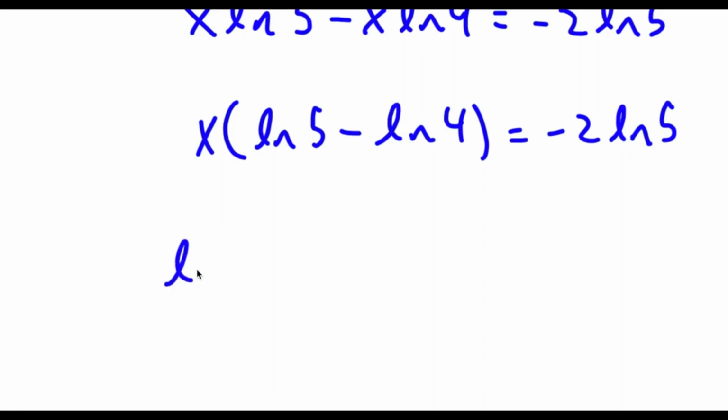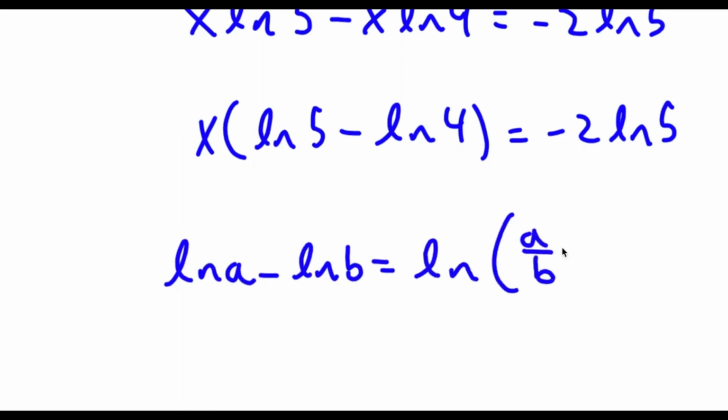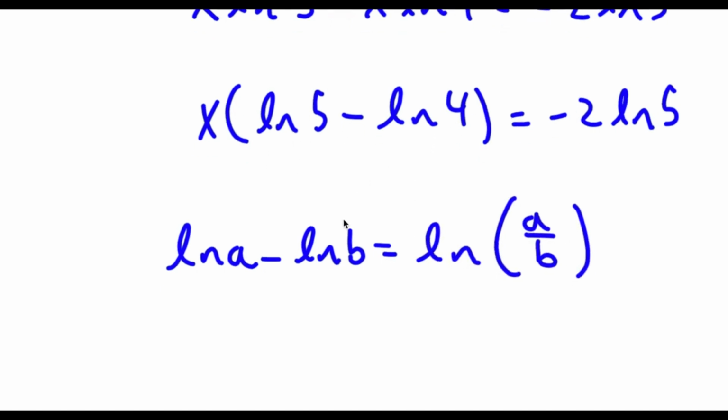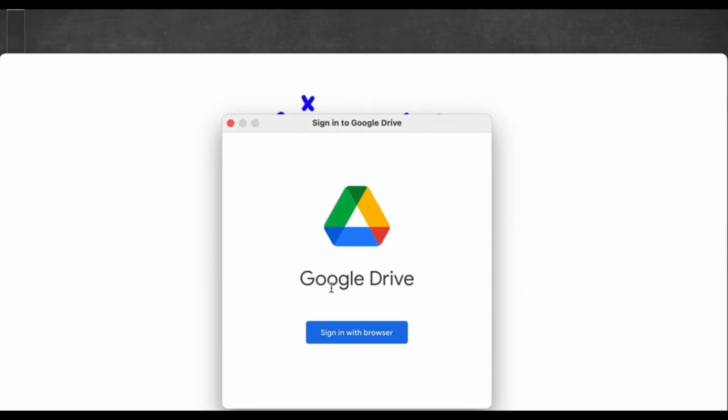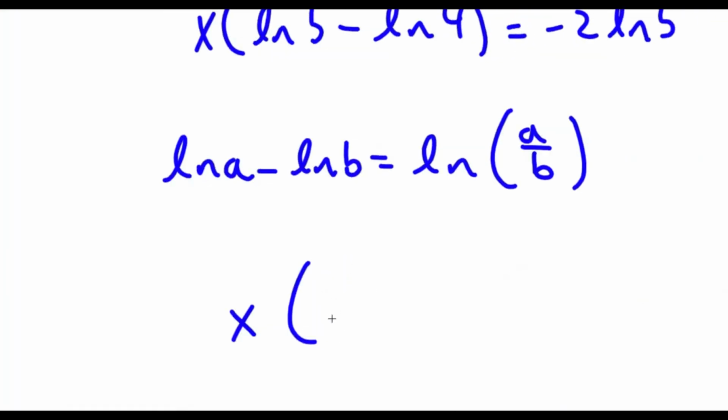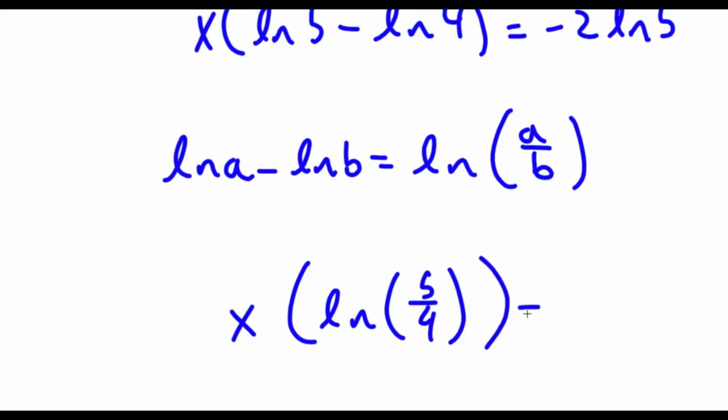Now, if I have something in the form ln a minus ln b, this is the same thing as ln a over b. So ln 5 minus ln 4 is going to equal ln 5 over 4. So I have this is equal to negative 2 times ln 5.